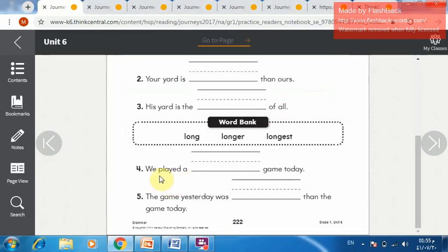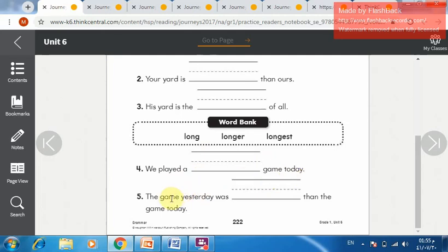So the correct answer is we played a long game today, because I'm not comparing 2 things. I'm not comparing 3 or more. I'm just talking about a game I played today.